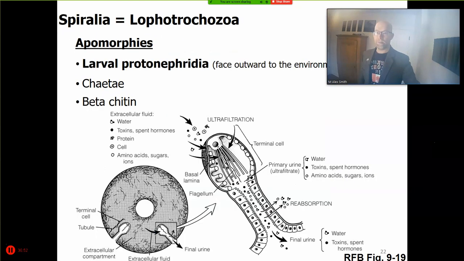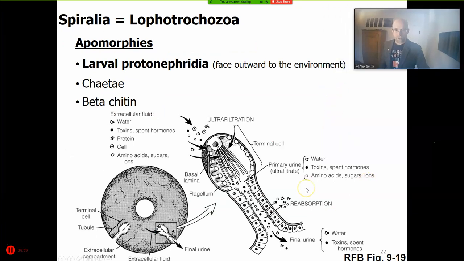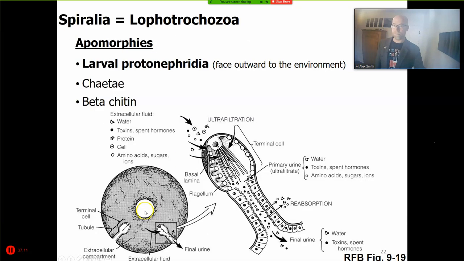So the Spiralia. Apomorphies for this group include novel methods of excretion. So we see larval protonephridia, which is, you're looking at a cross-section at the bottom, the donut that you see with the box right here at the bottom. Apologies for that jump.